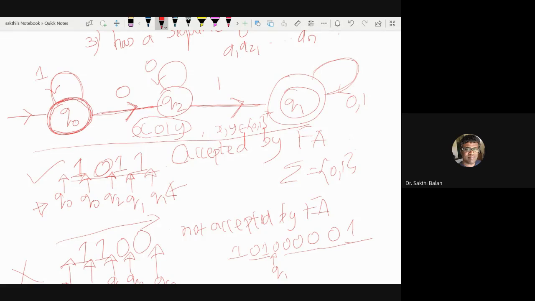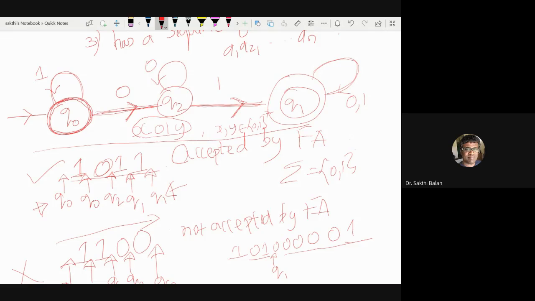So did you understand the concept why we are having this number of states? This finite automata cannot be minimized with a smaller number of states, because you need to remember the 0 and you need to remember the 1 also, right? So Q2 remembers the fact of seeing a 0, and Q1 remembers the fact of seeing 0, 1.